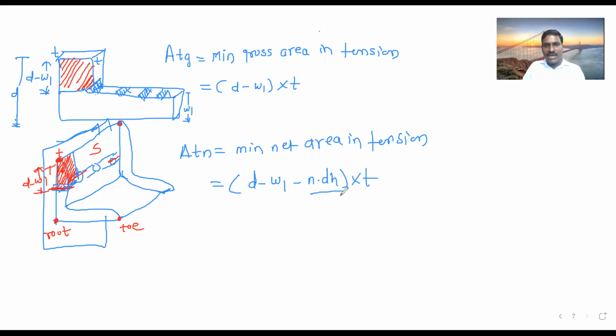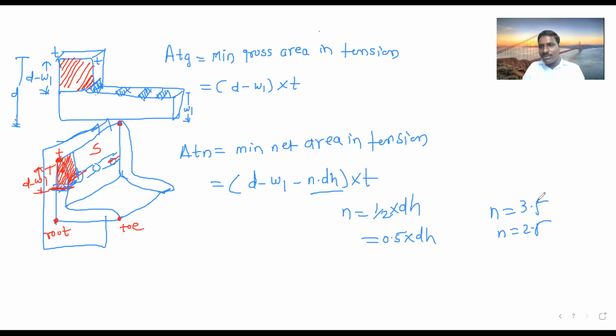Now where N is equal to what? Number of holes. That is the number of holes, 0.5. It means half of DH. Half of DH means this value will be 0.5 into DH. In shear we had N equal to 3.5, or 2.5.